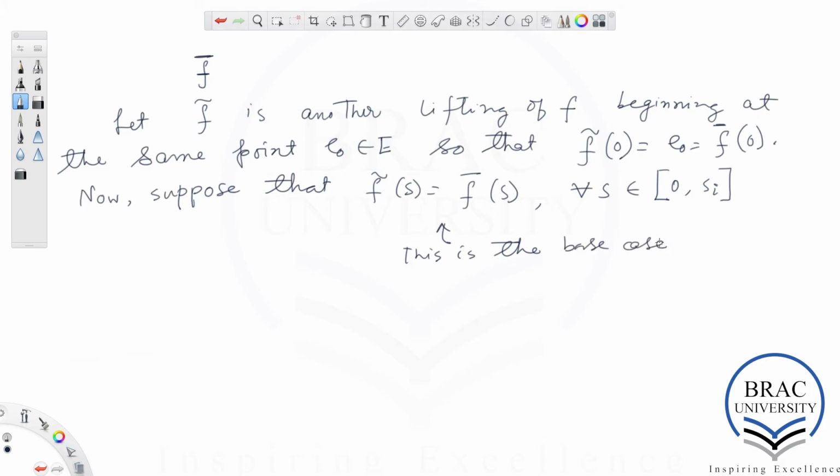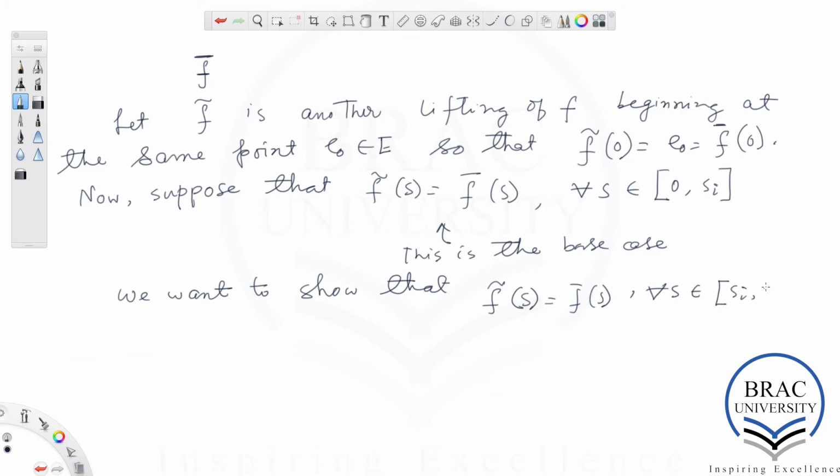All right. This is the inductive hypothesis of the underlying inductive construction. We want to show that F tilde of s is equal to F bar of s for all s in [s_i, s_{i+1}].